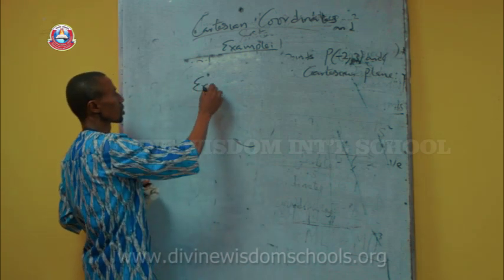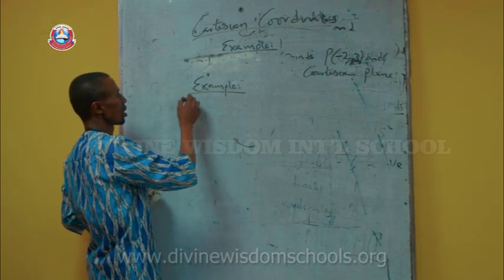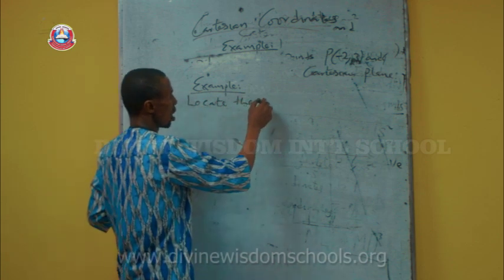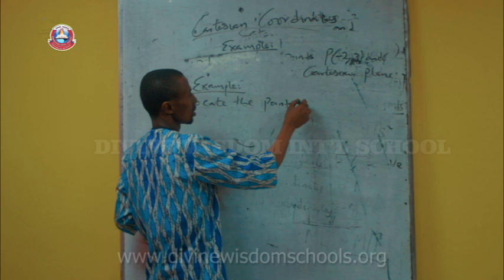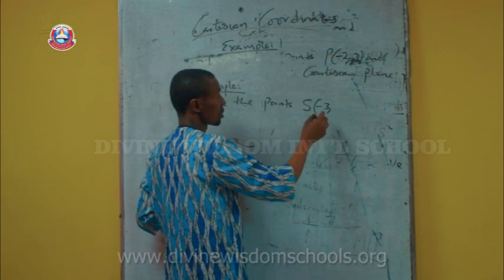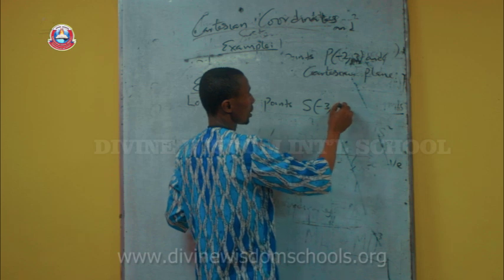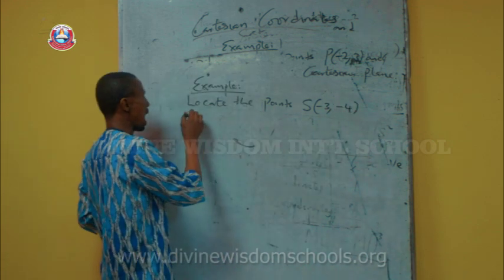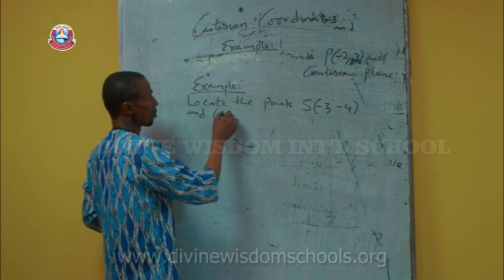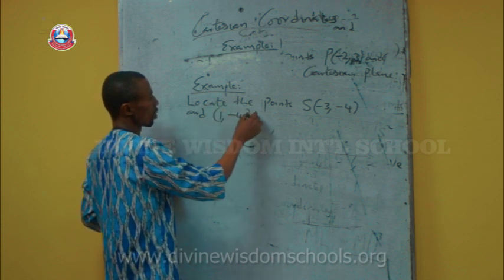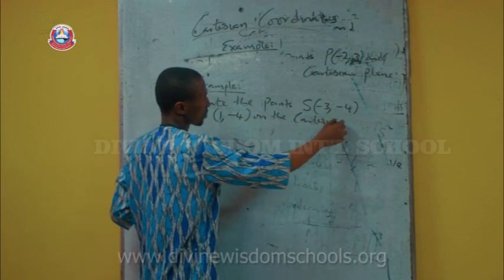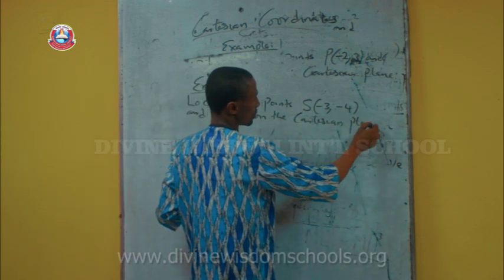Example 2. Locate the points S (-3, -4) and T (1, -4) on the Cartesian plane.